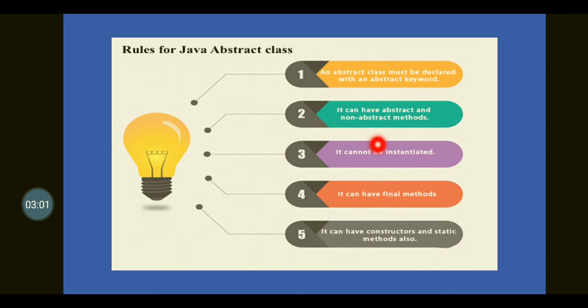The abstract class cannot be instantiated, and it can have final methods, and also the abstract class can have constructors and static methods. Have a look at this for a few seconds to know the rules for abstract class.